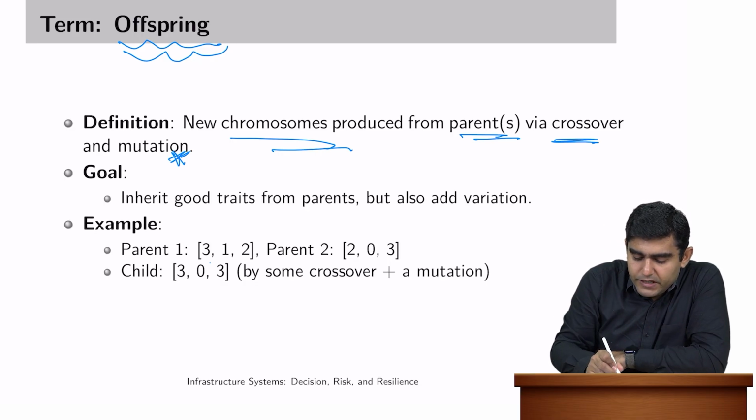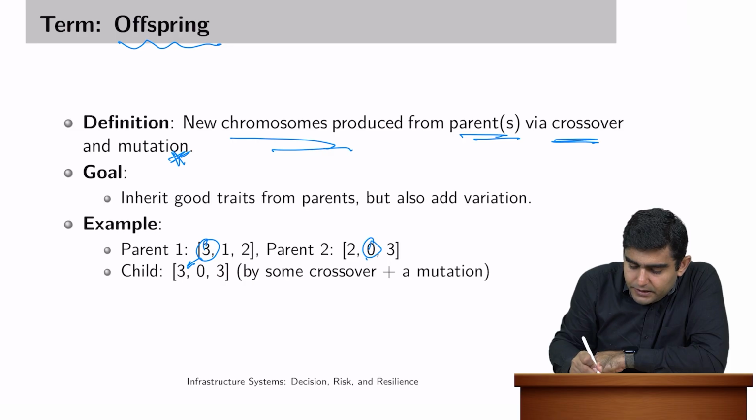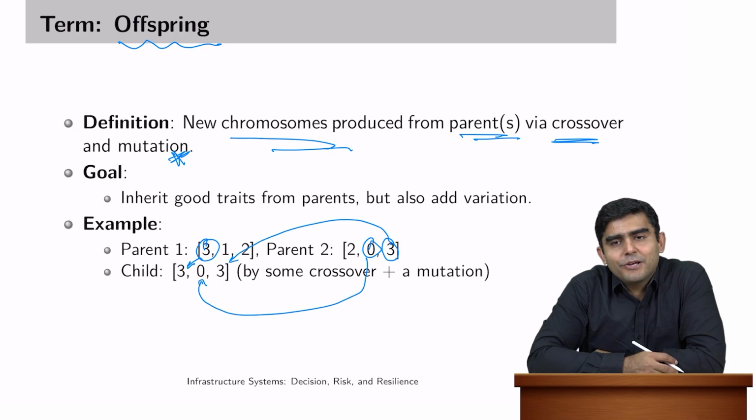So for example, if we have two parents, parent 1 is 312 and parent 2 is 203, we can take the first element from parent 1, the second element from parent 2, and the third element again from parent 2.